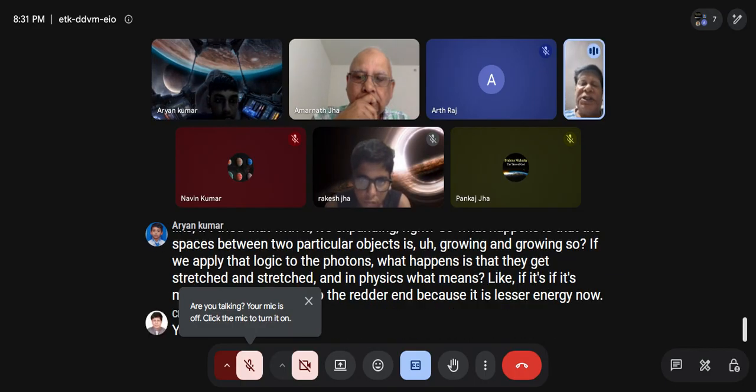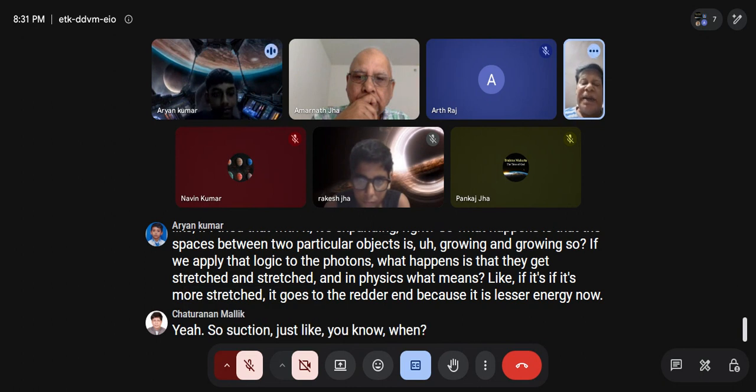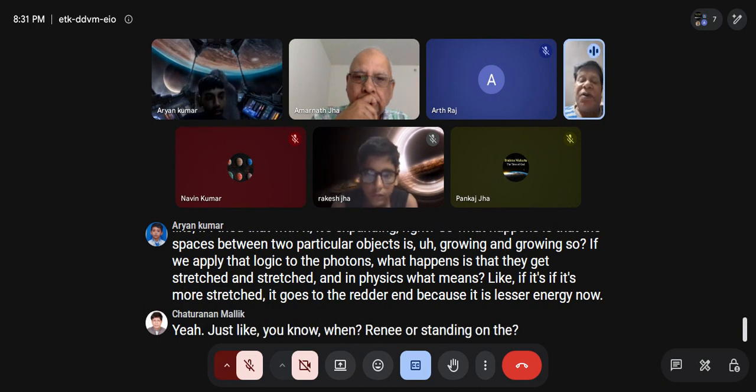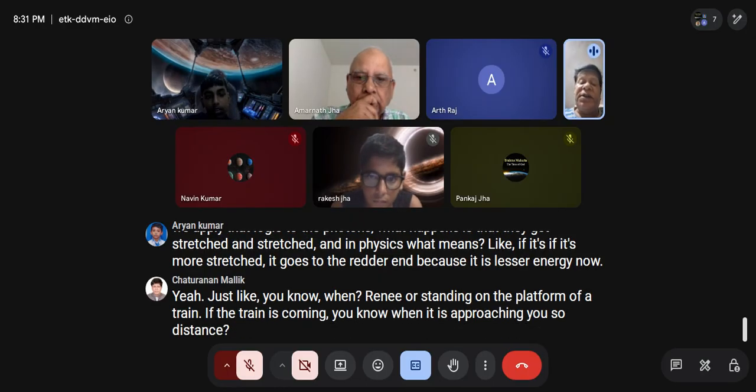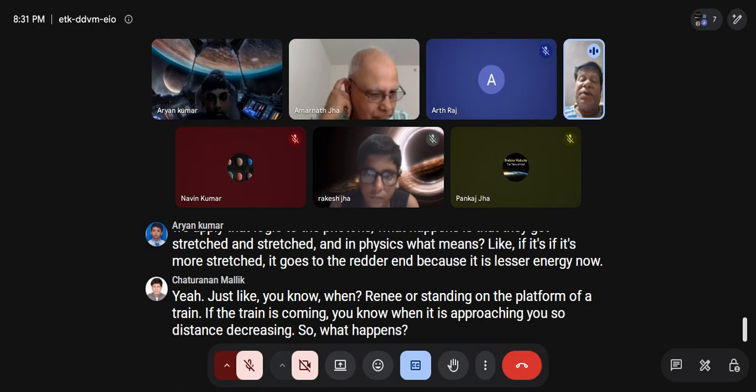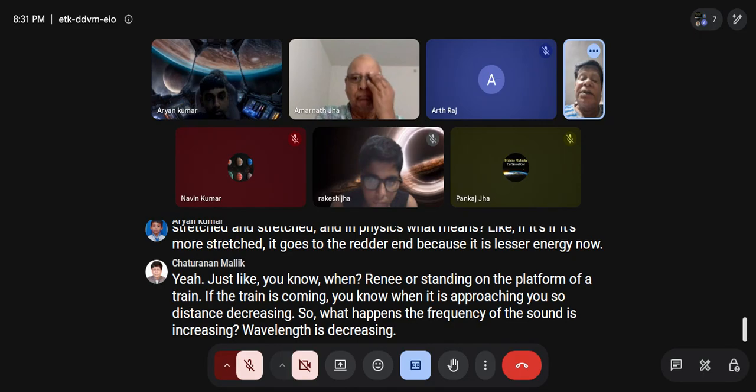Yeah. So Saksham, just like when you are standing on the platform of a train, if the train is approaching you, the distance is decreasing, the frequency of the sound is increasing and the wavelength is decreasing.